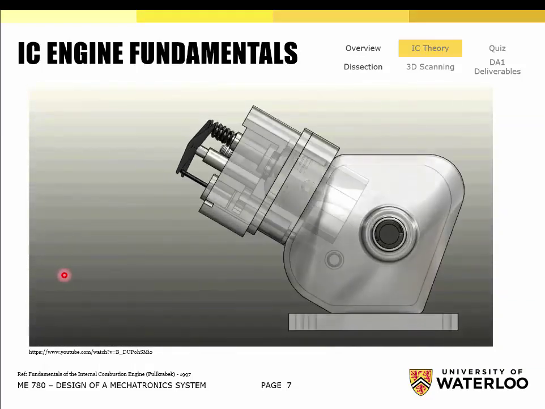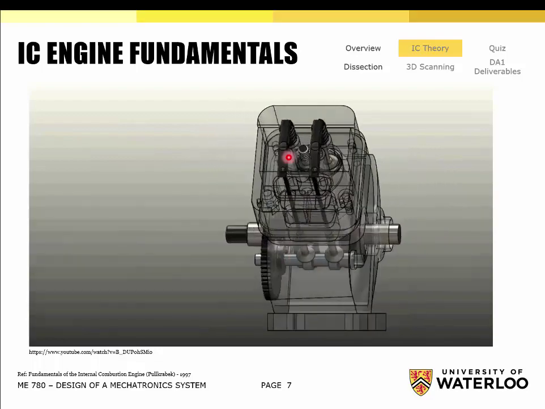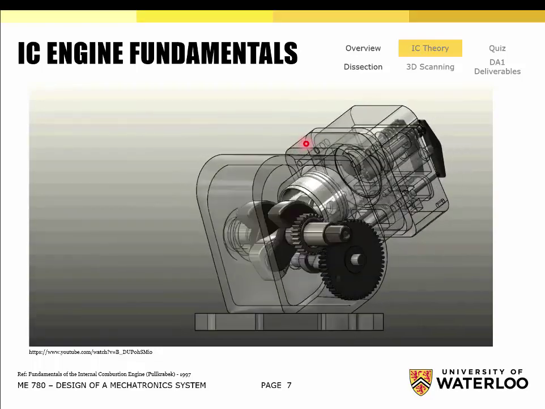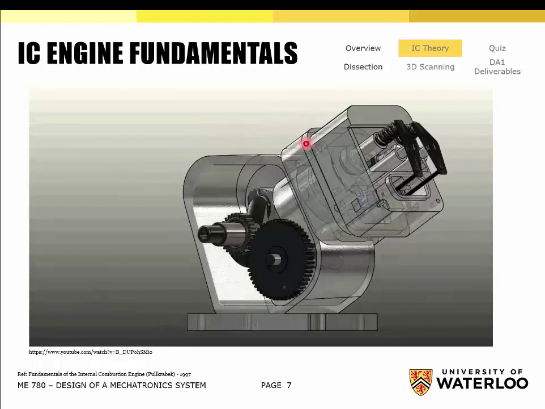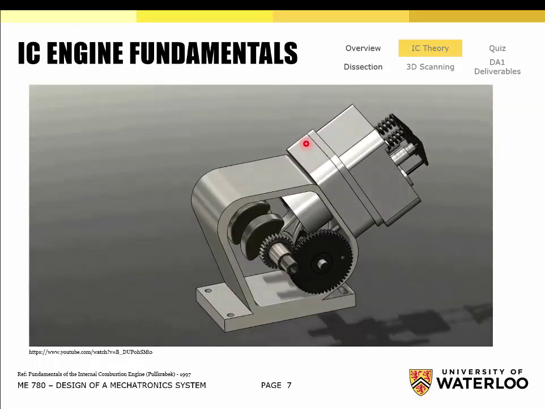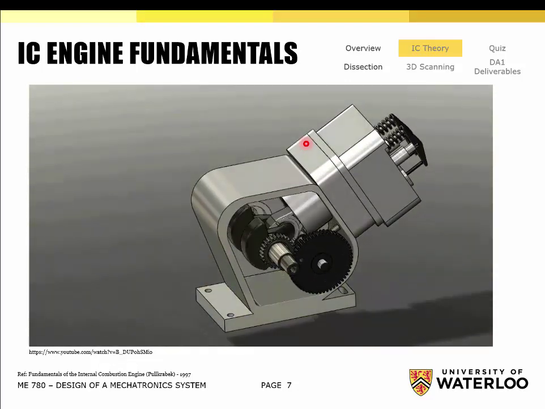So if you want these valves to move up and down once, you need 4 strokes of the rotating assembly, which is the crankshaft. So you want all of the valve train assembly to rotate at half the speed of the rotating assembly of the crankshaft. Okay, we'll talk about that in more detail in a little bit, but this gives you that idea.